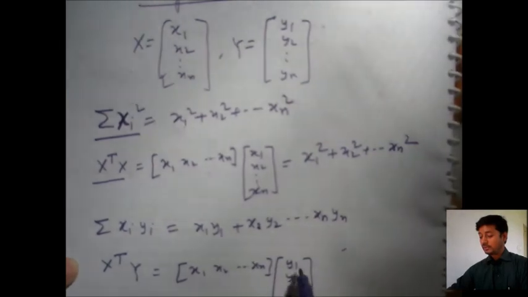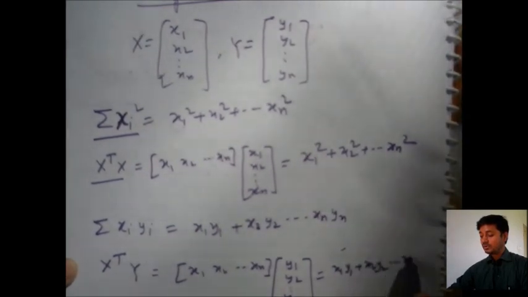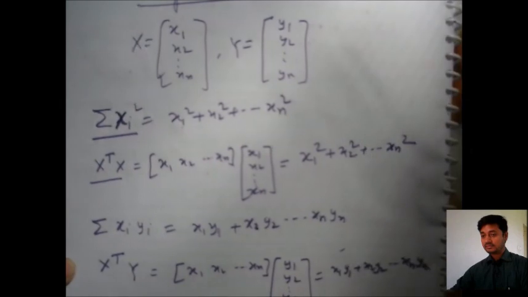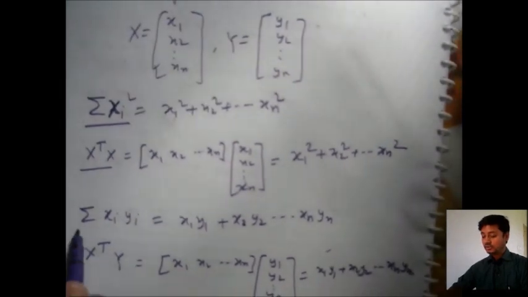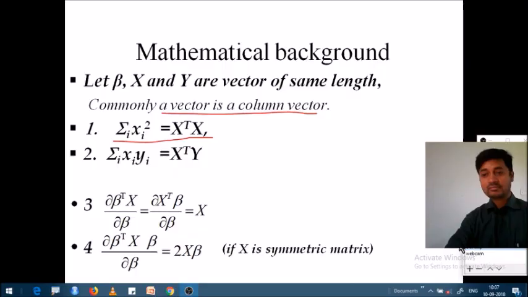If you multiply first row with first column, you will get x1 y1 plus x2 y2 up to xn yn. So both expressions give the same result. So sigma of xi yi is equal to x transpose y. This expression we are going to use in the next slide in order to compute the parameter beta.